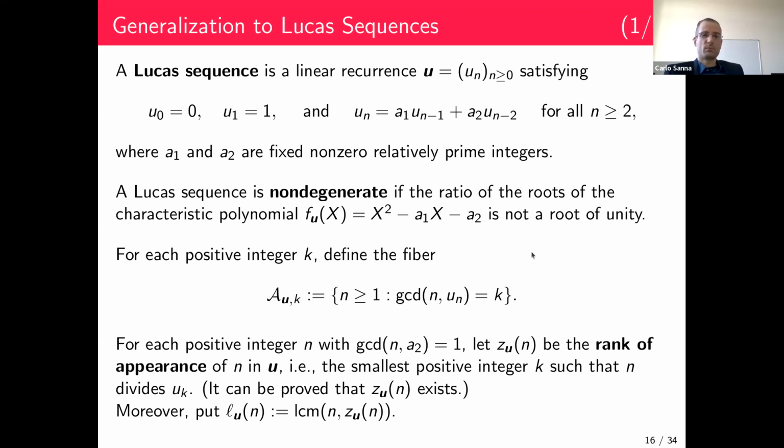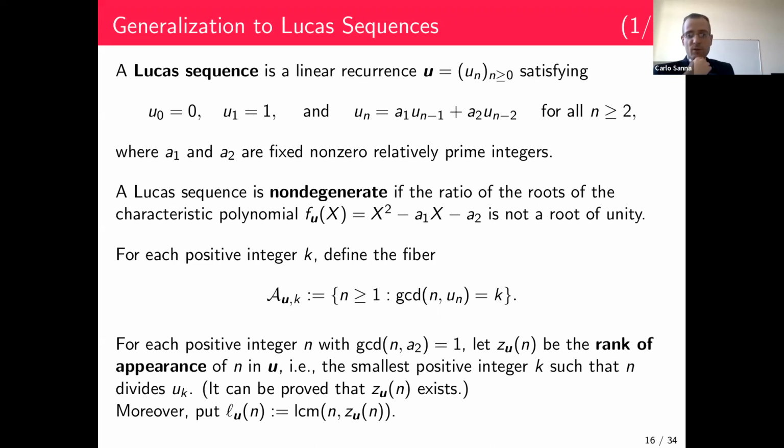And so Lucas sequences are a generalization of Fibonacci numbers. And in a natural way, for each Lucas sequence, we can define the fiber as the set of the natural numbers n such that the GCD of n and u sub n is equal to k.